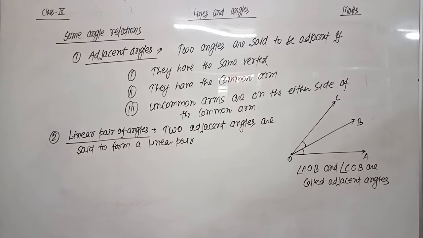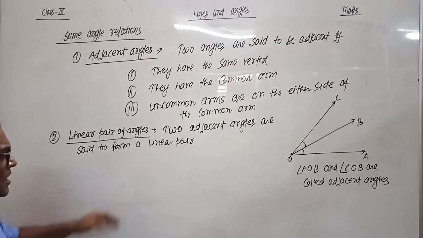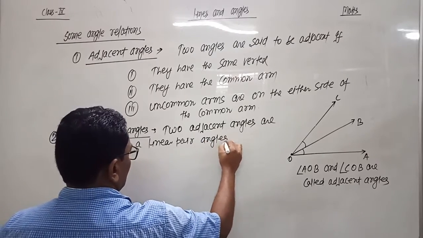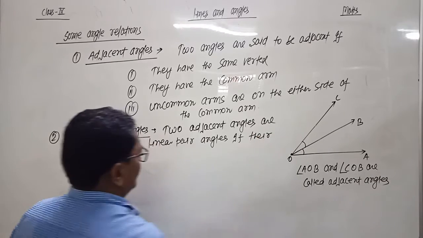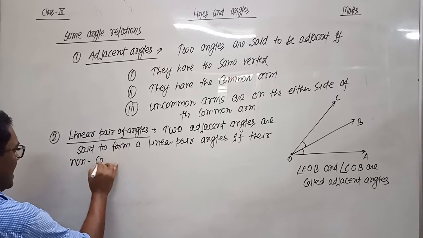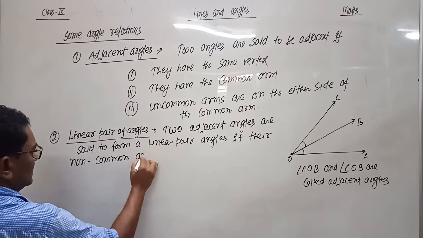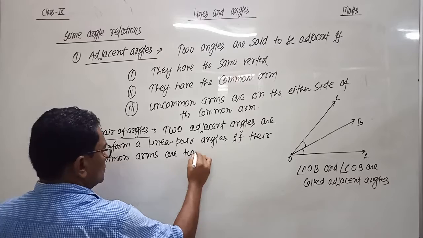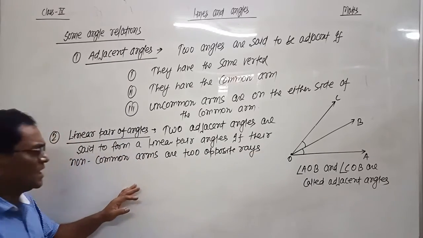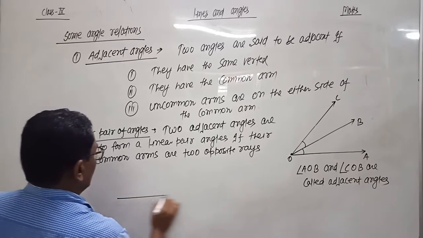Two adjacent angles are said to form a linear pair if their non-common arms are two opposite rays.